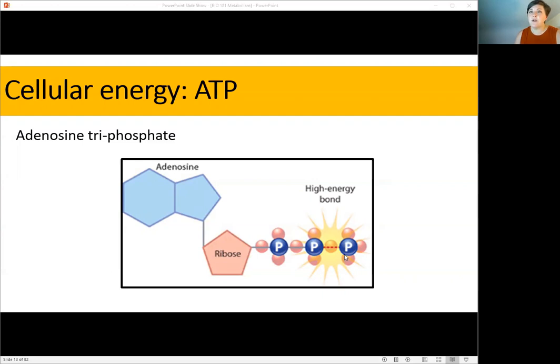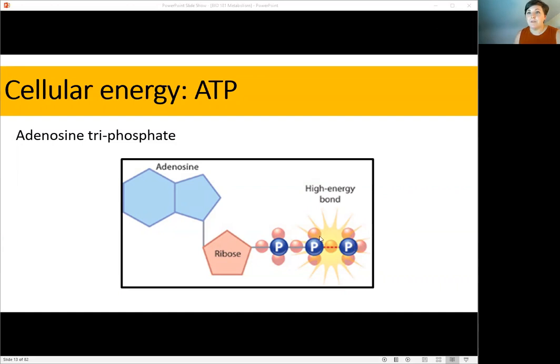Due to the nature of the bonds in this molecule, when there are three phosphate groups attached to the ribose, the bond between the second and third phosphate is considered a high-energy bond. Essentially, the electrons in this bond are ready and willing to pop out of there and help facilitate other chemical reactions. When there are three phosphates attached to the ribose, this molecule is called adenosine triphosphate.